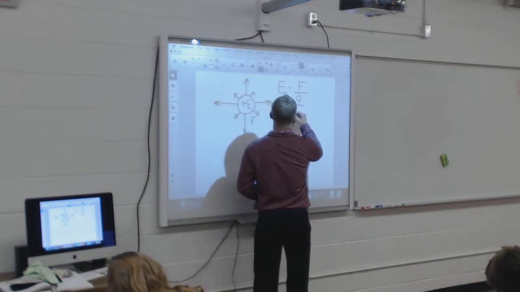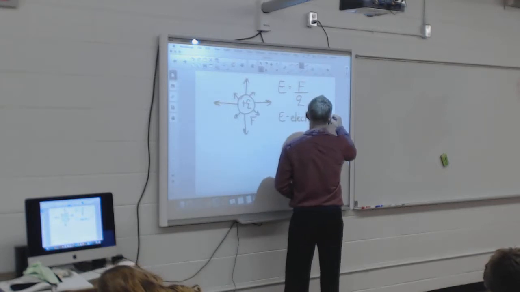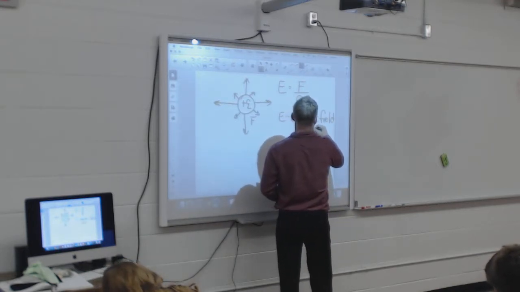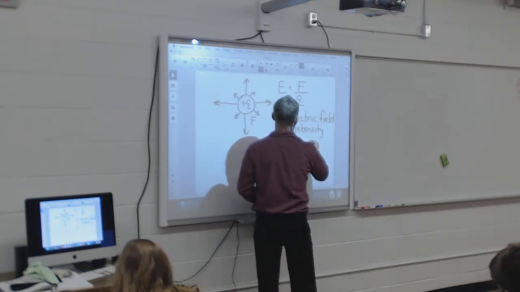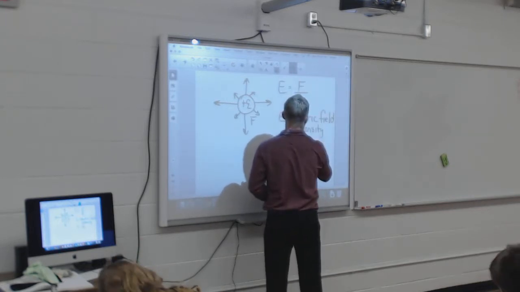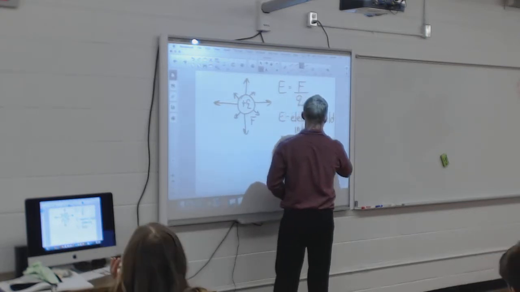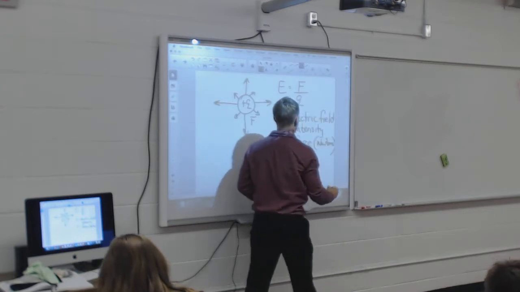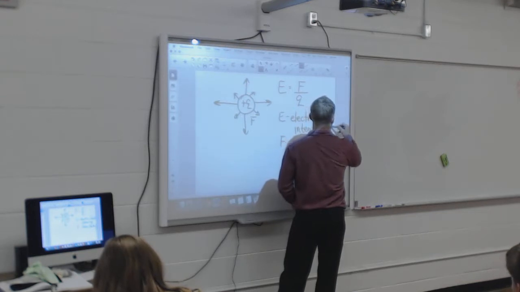So E represents electric field intensity. F is force, measured in newtons. Okay. Electric field intensity, actually I didn't put the units, is newtons per coulomb.